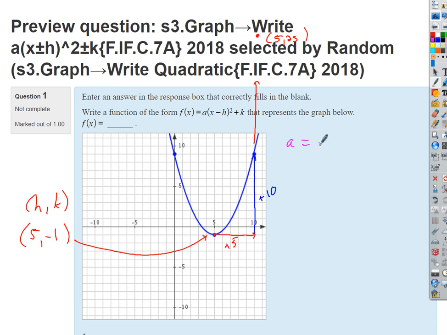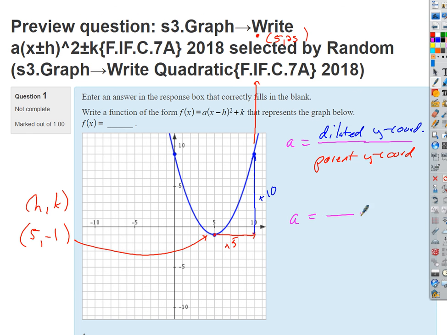A always equals the dilated y coordinate divided by the parent y coordinate, right?